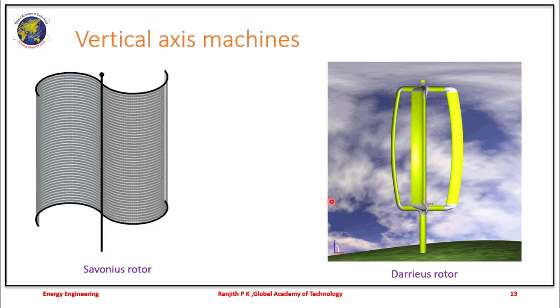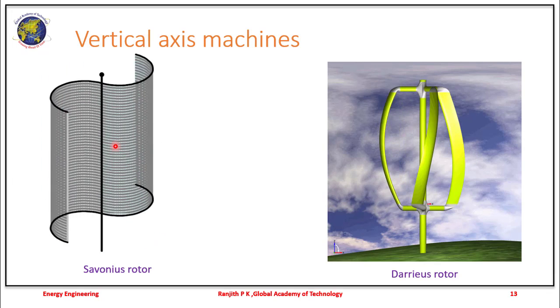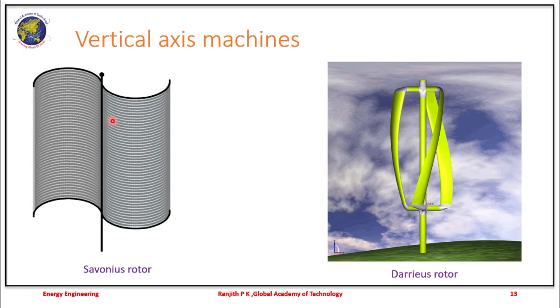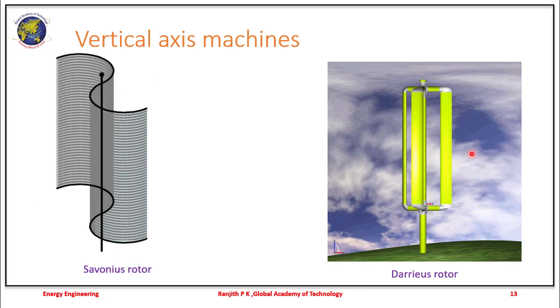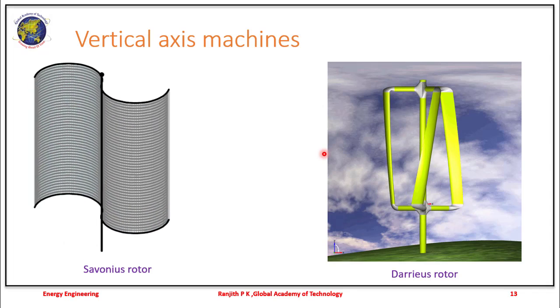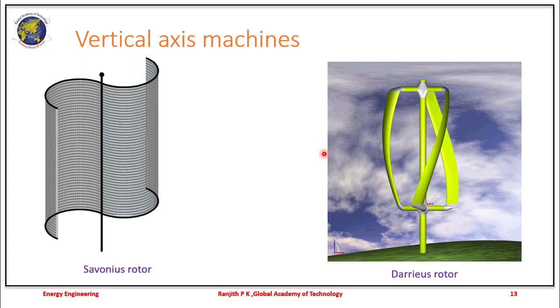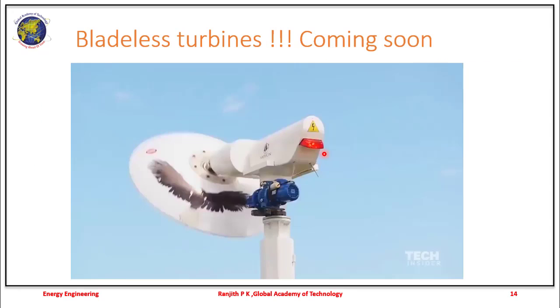In case of vertical machines, it is either a Savonius rotor or a Darrieus rotor, with the Savonius rotor being represented here and the Darrieus. So the vertical axis has its own set of problems and is usually not employed anywhere, and the horizontal ones are the ones which are predominantly used. The technology has advanced further. Very soon, we are going to see bladeless turbines. So, if you imagine what a bladeless turbine is, you can look at this.